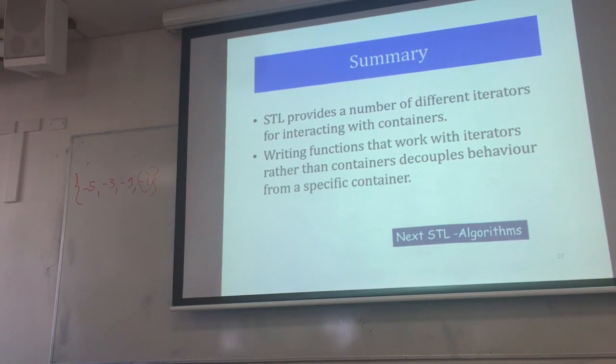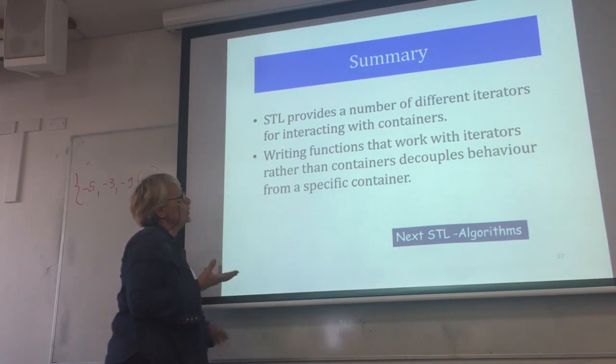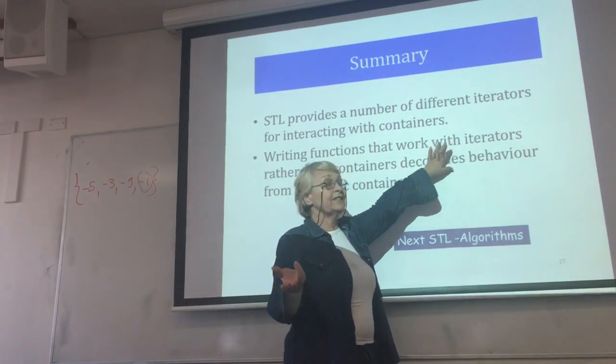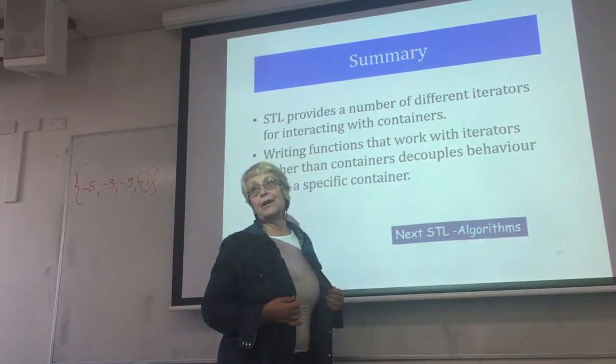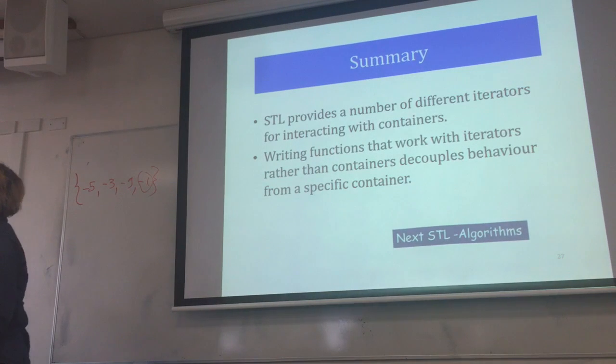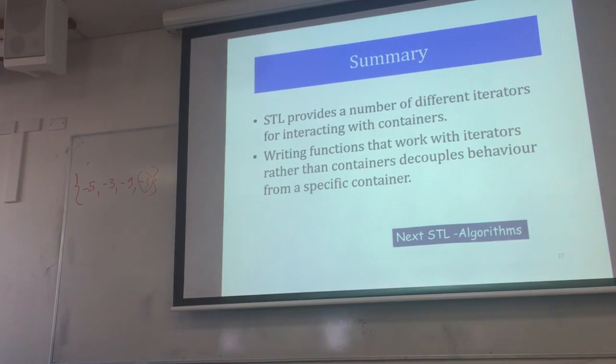And then various iterator classes implemented by containers have some characteristics, operators specified by these categories. It's a good fact that we can write functions working on iterators, and that they will be applicable to many, many diverse types.